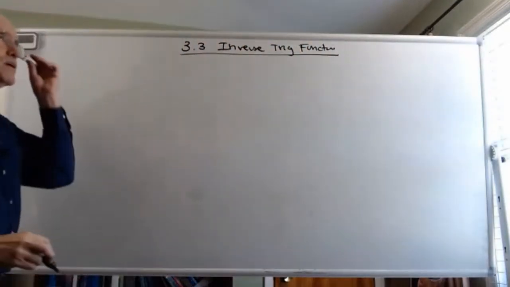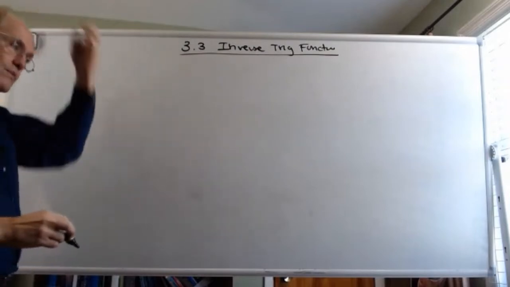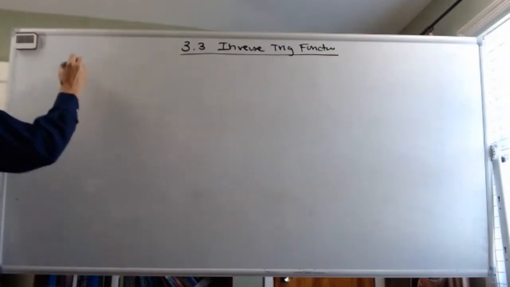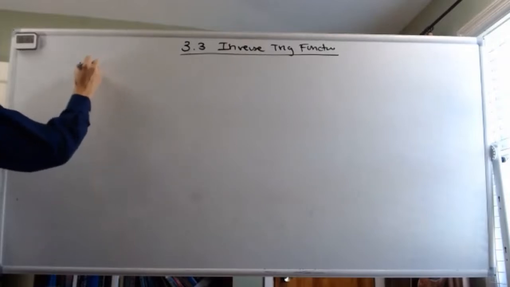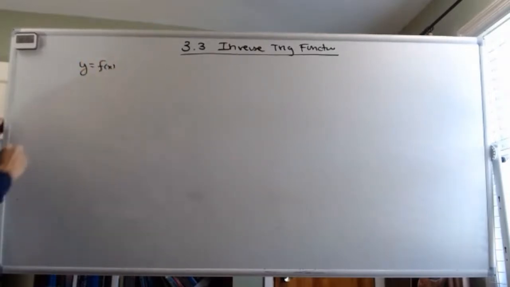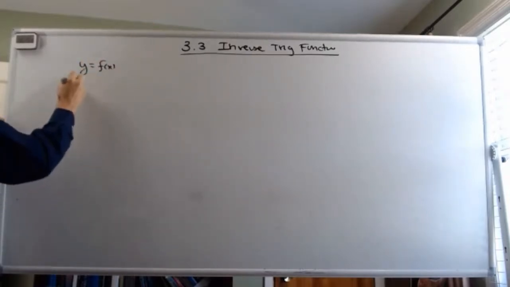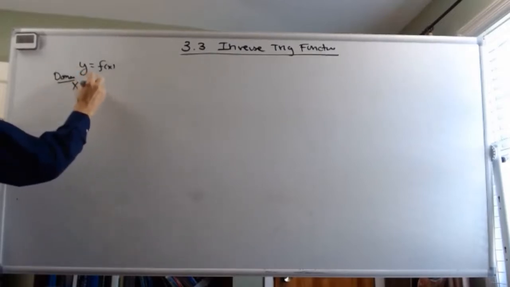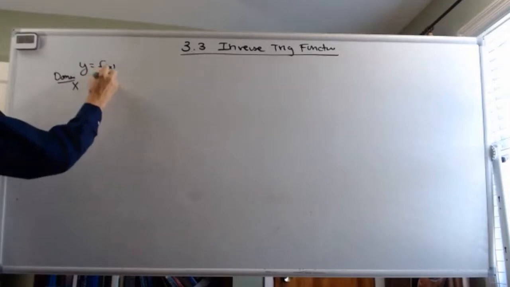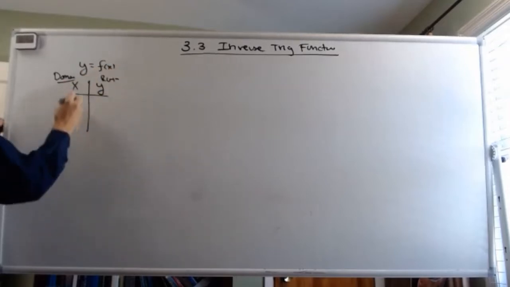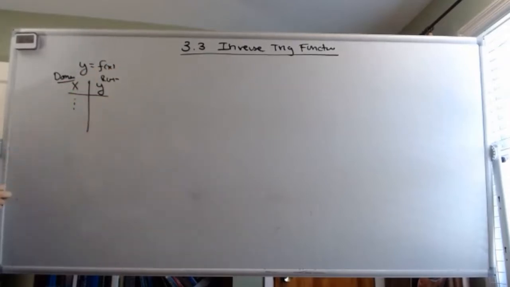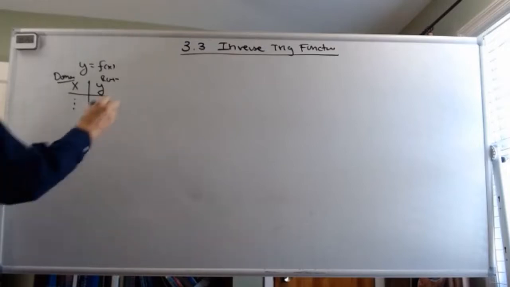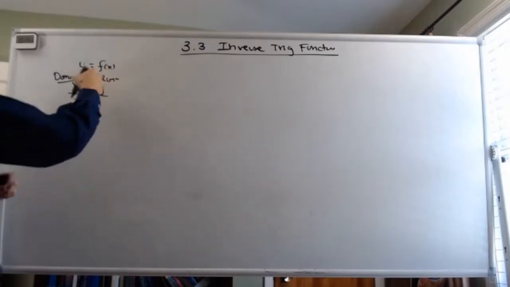So remember what they were. We introduced them in 2 different ways. We had a function, y equal to f of x, and you had your domain x, and then your range, your y values. Now, if you wanted to introduce another function, what did you do?